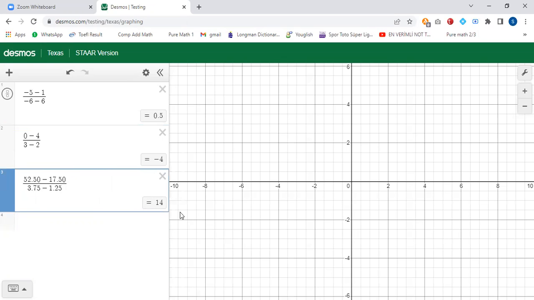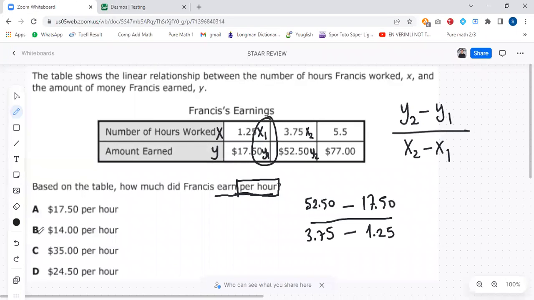So guys, as you can see, the answer is 14. The calculator will always give us the simplest form, or you can also convert that into decimal using this, right? Right over here, we don't have that because the 14 is already in the simplest form. We don't need to convert that into a decimal. So $14 per hour is the answer.